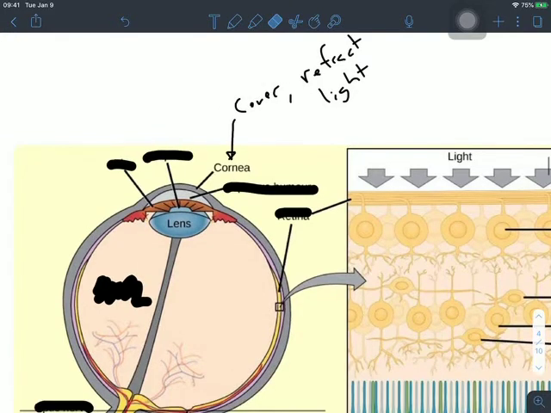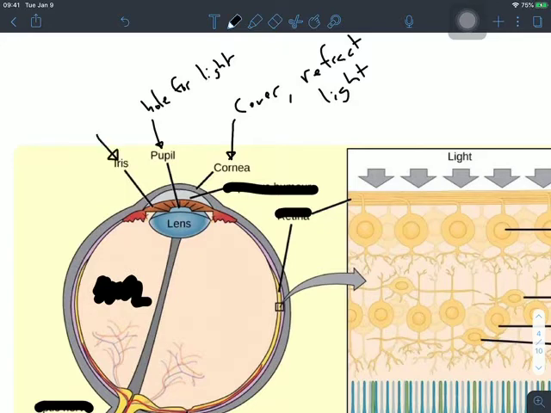In addition to the cornea, you've got the pupil, which is actually the hole that allows light in. And the iris, that is essentially the diaphragm that controls the size of the pupil.